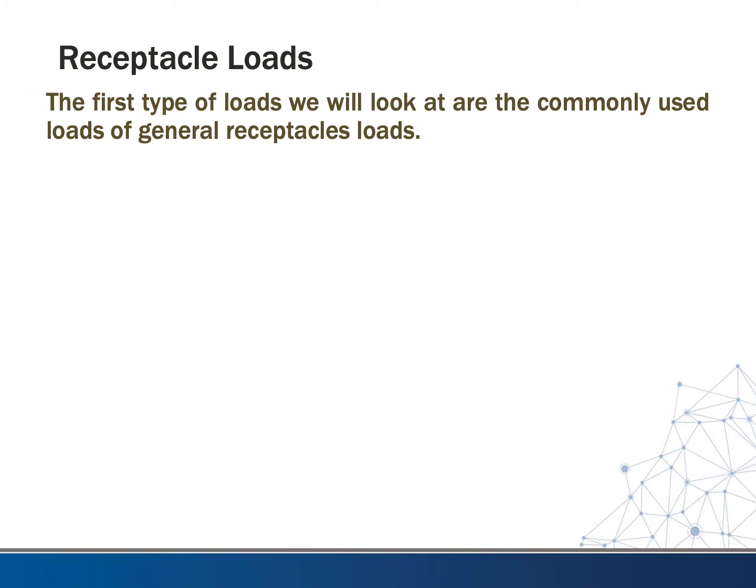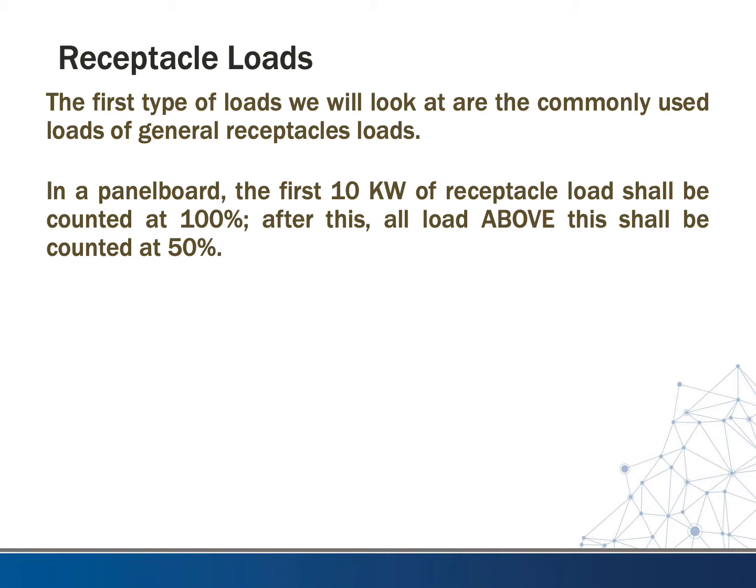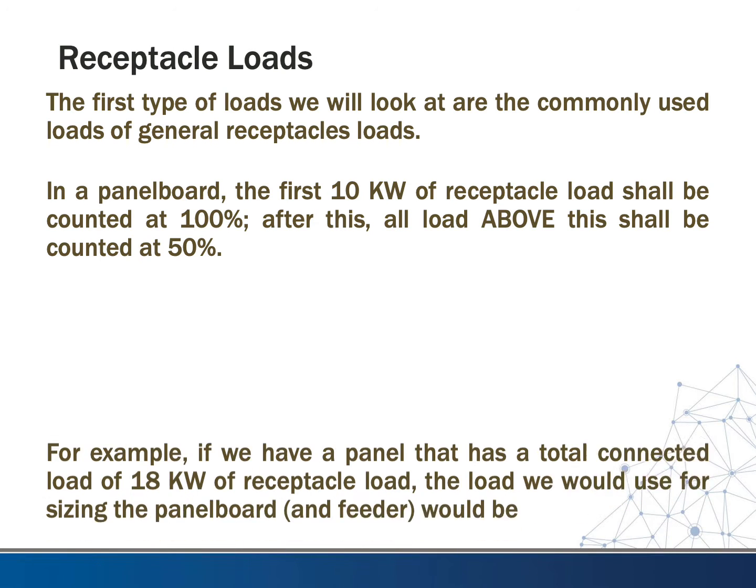Receptacle loads. The first type of load we want to look at are the commonly used general receptacle loads. In a panel board, the first 10 kW of receptacle load shall be counted at 100%. After this, all load above this 10 kW shall be counted at 50%.